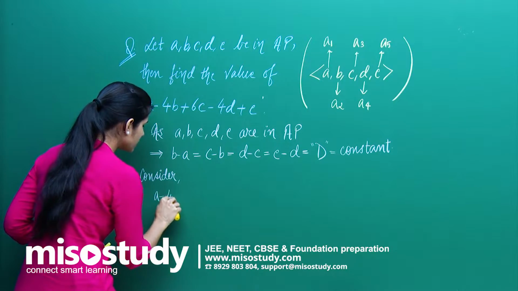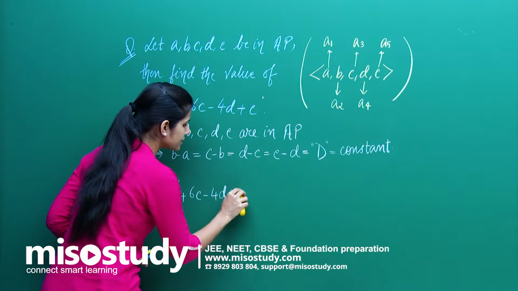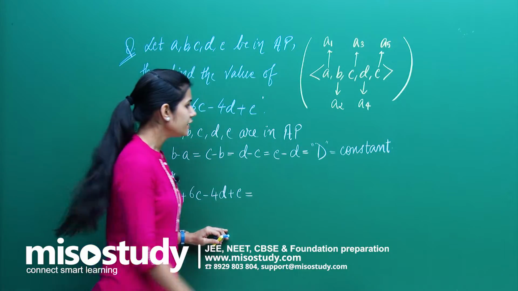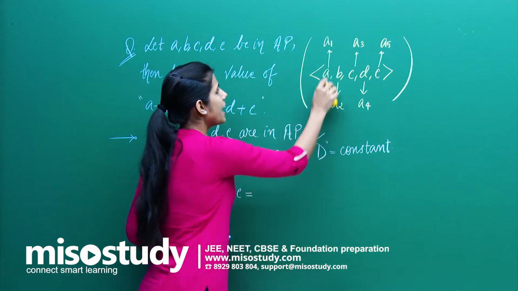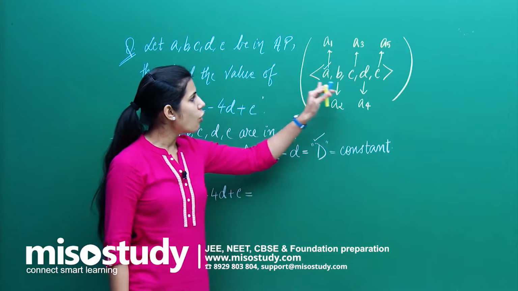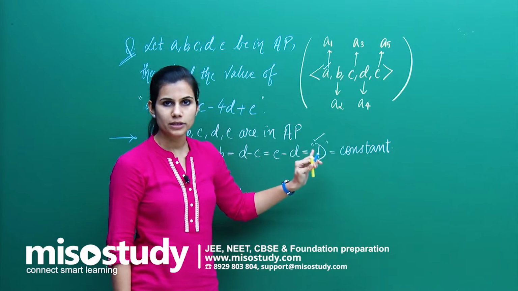Consider A minus 4B plus 6C minus 4D plus E. You know that whenever you know the common difference and the first term of an AP, you can write down all the rest of the terms of the AP in terms of the first term and the common difference.